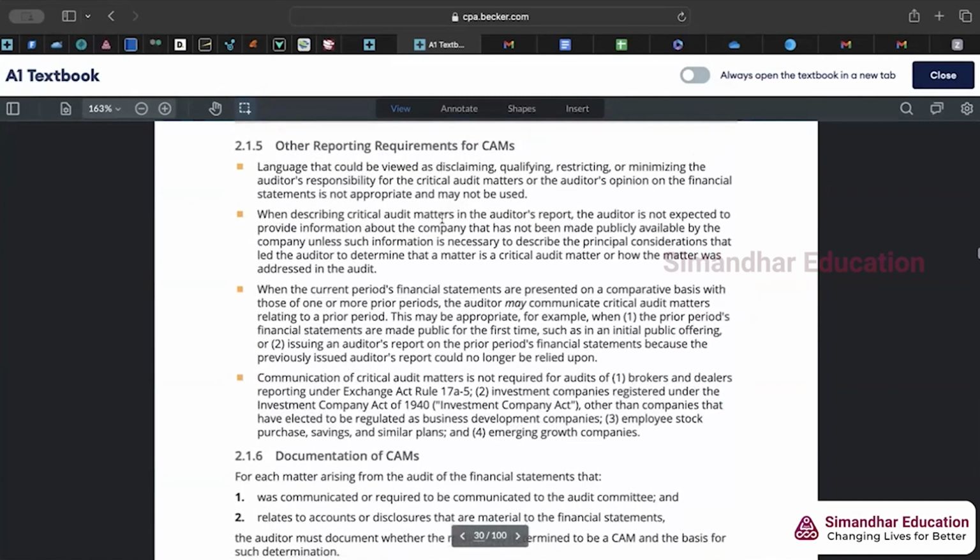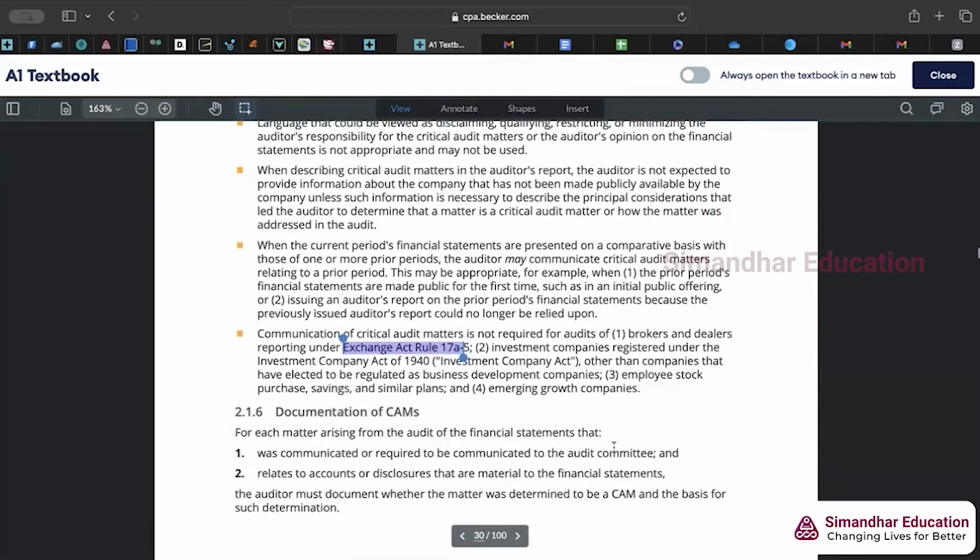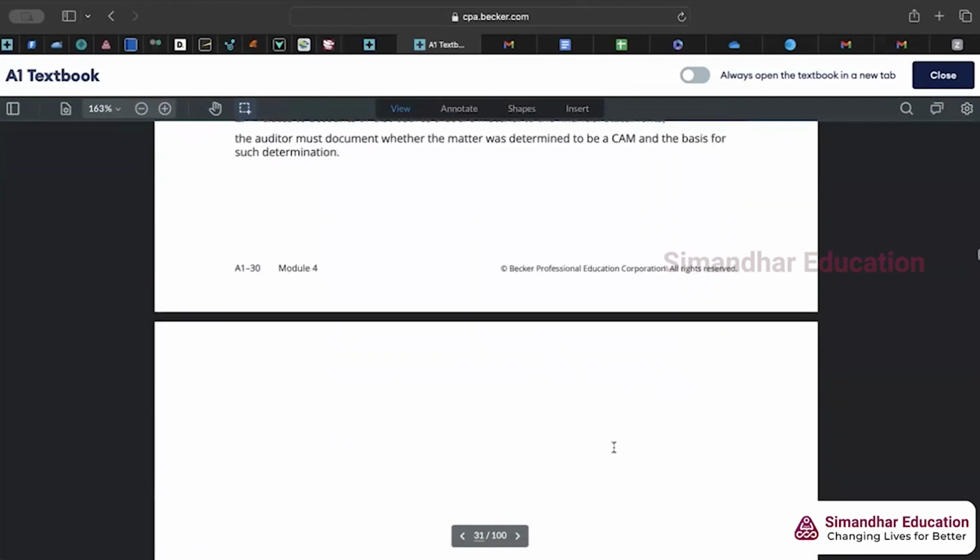If you're reporting on investments, or on brokers and dealers, certain exchange rules come into play. You are not required to report critical audit matters for brokers, dealers, and investment companies.